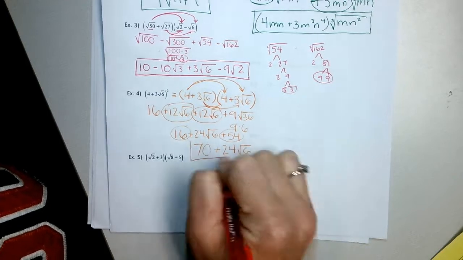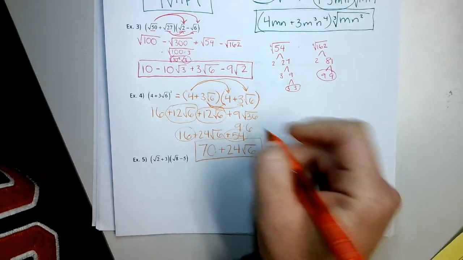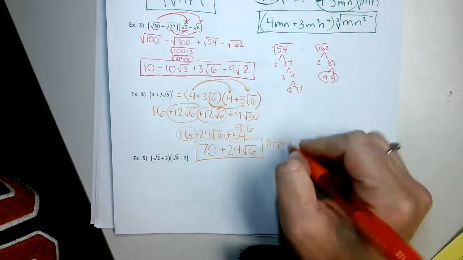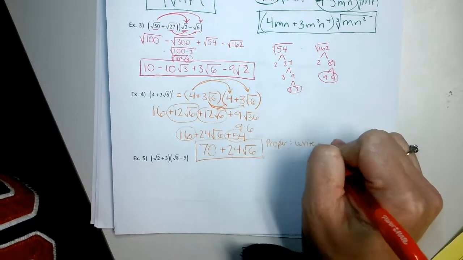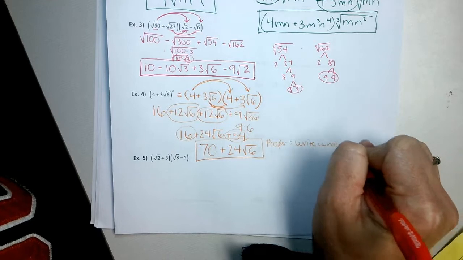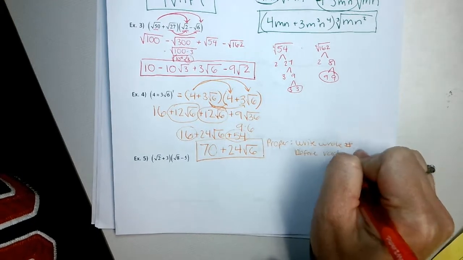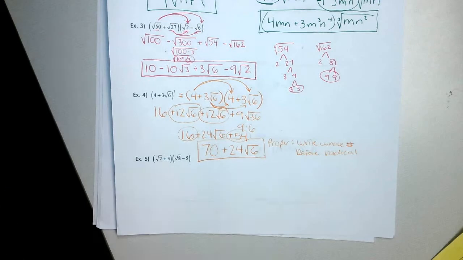This is your answer. Now, proper form is to write the whole number before the radical. So we have 70 in front of the 24 square root of 6.